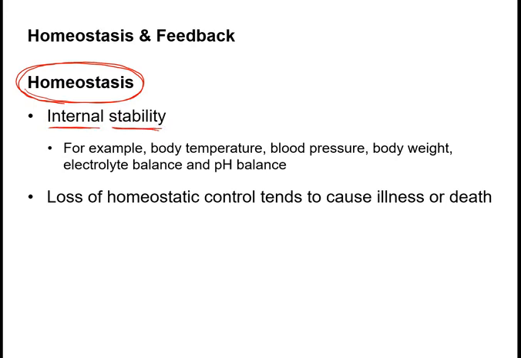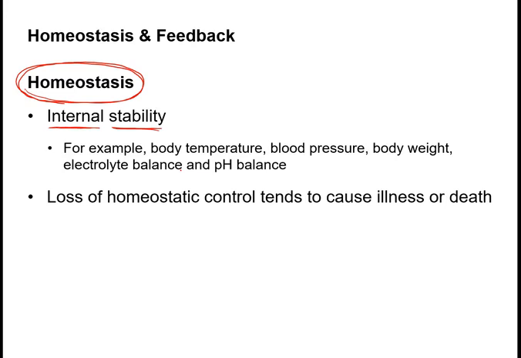The examples we always use are things like body temperature, blood pressure, body weight, balancing our sodiums, our potassiums, all those different electrolytes in our body, pH balance. Most often, we use the example of body temperature because that's a really easy one for students to understand.